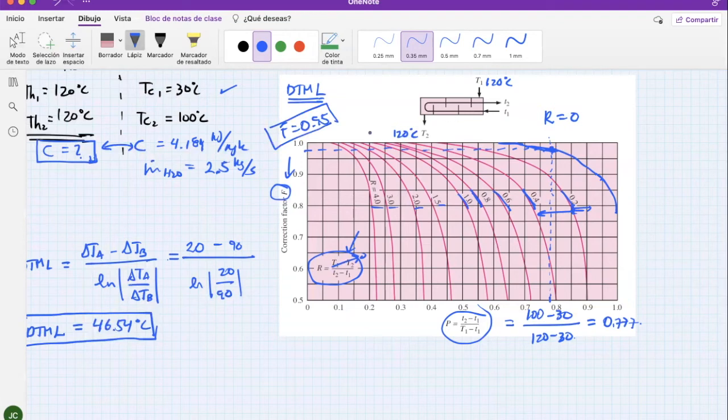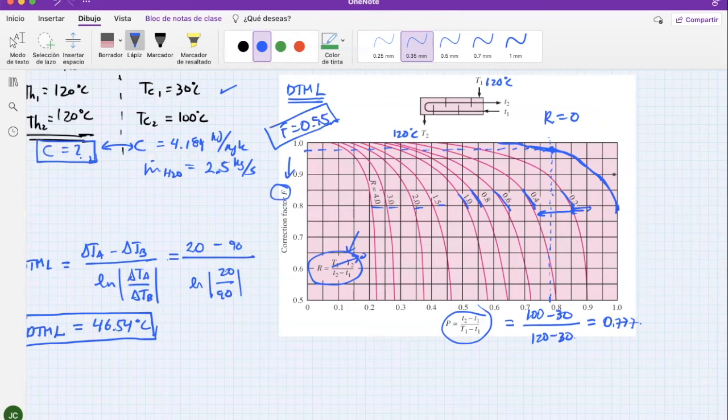It should be like 0.95, but it actually depends on where you are imagining this r equals 0 curve. Another thing that you can think is that, well, if they didn't put the r equals 0 curve, maybe there's no r equals 0 curve, and that could be a good assumption. So what I want to tell you here is that we don't know.